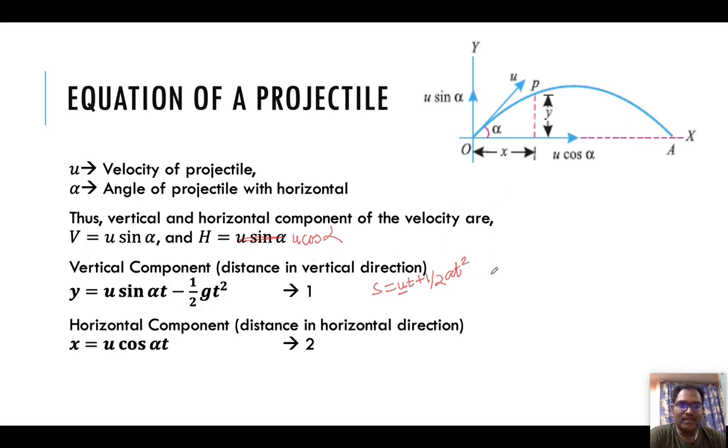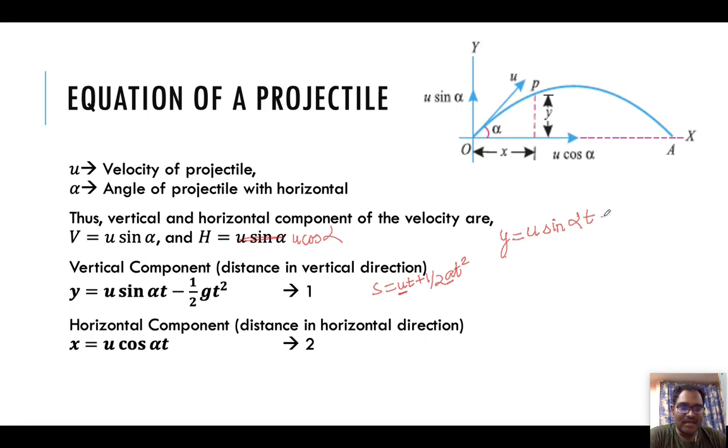Since we are talking about the vertical, for u you have the vertical component which is u sin alpha, and then you have a term t. Here a is the acceleration, but here it is against gravity. Let me say that you have a stone and you're throwing it upwards, which is going to have an acceleration, but a negative acceleration which is produced because of gravity.